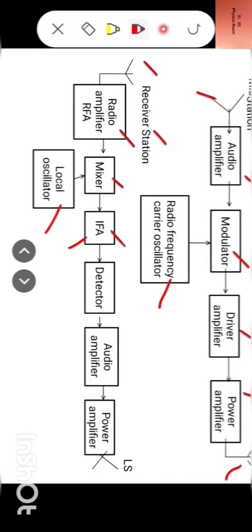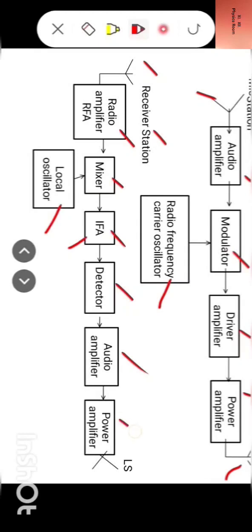This frequency of intermediate frequency amplifier is given to detector for detecting audio signal, and if it is frequency modulated system, then we have a discriminator here. After the signals are detected, which were generated at transmitter station before mic, these are applied to input of an audio amplifier to raise its level.